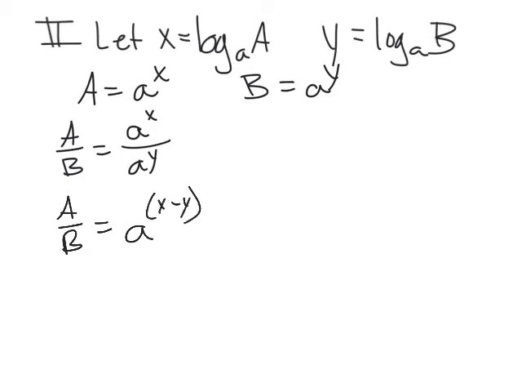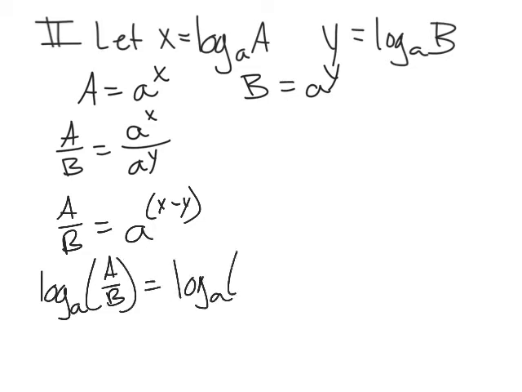Once again, I'm going to take the log of both sides, log to the base a of A over B. That's equal to log to the base a of a to the x minus y.